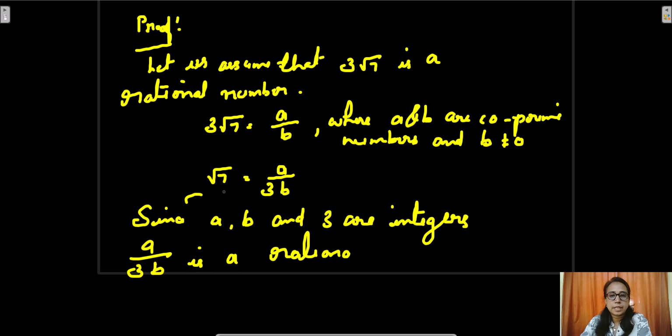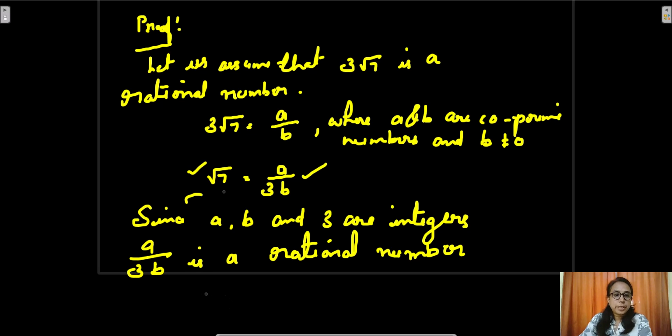So the right hand side is a rational number, but the left hand side is an irrational number. You have to remember that.